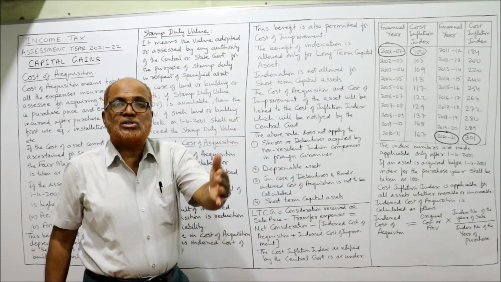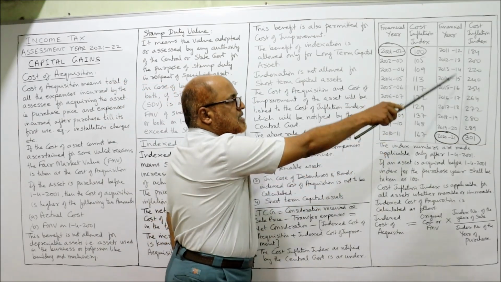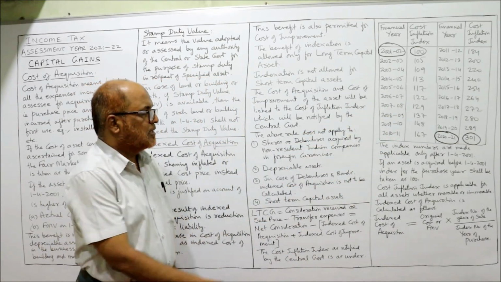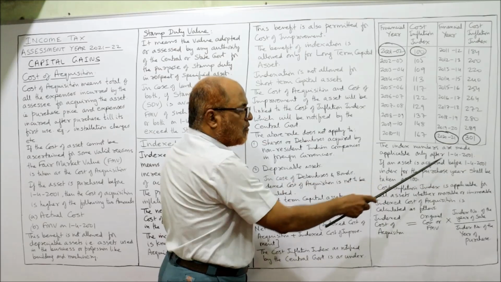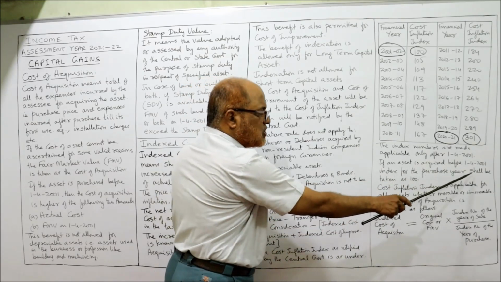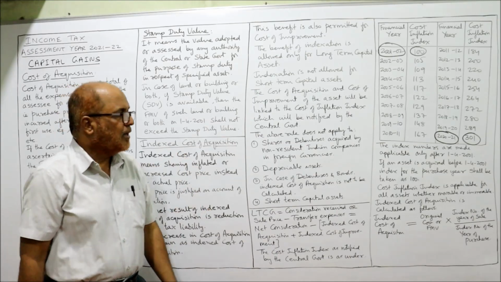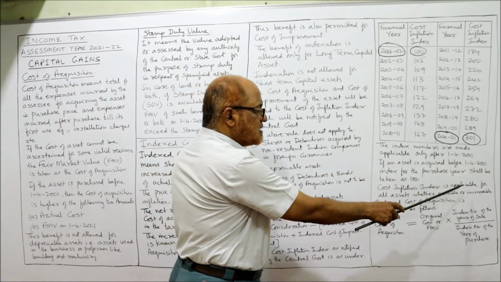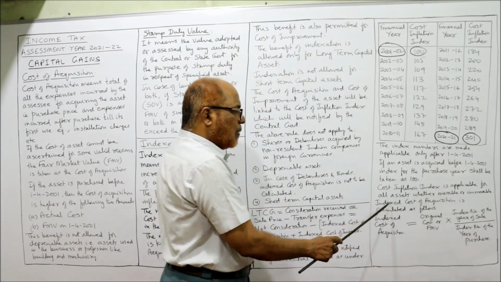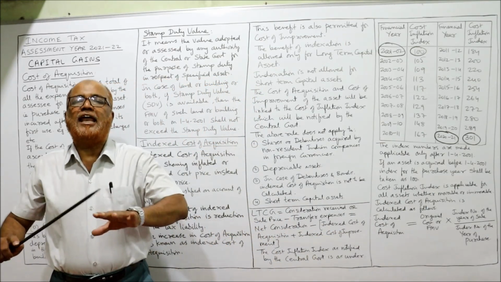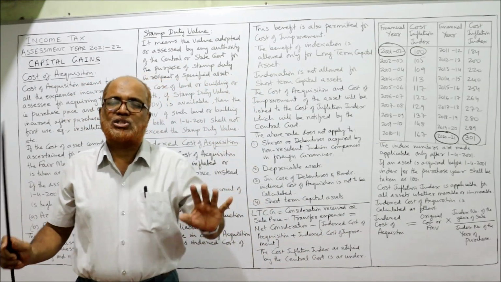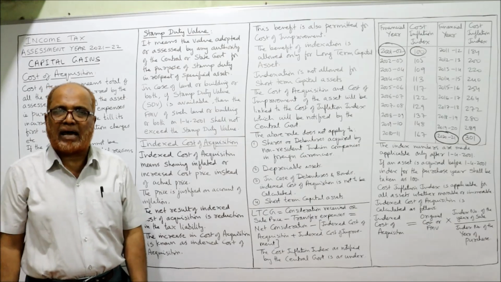After 1/4/2001, all the index numbers are given. This point you have to remember. Cost inflation index is applicable on all assets, whether movable or immovable.